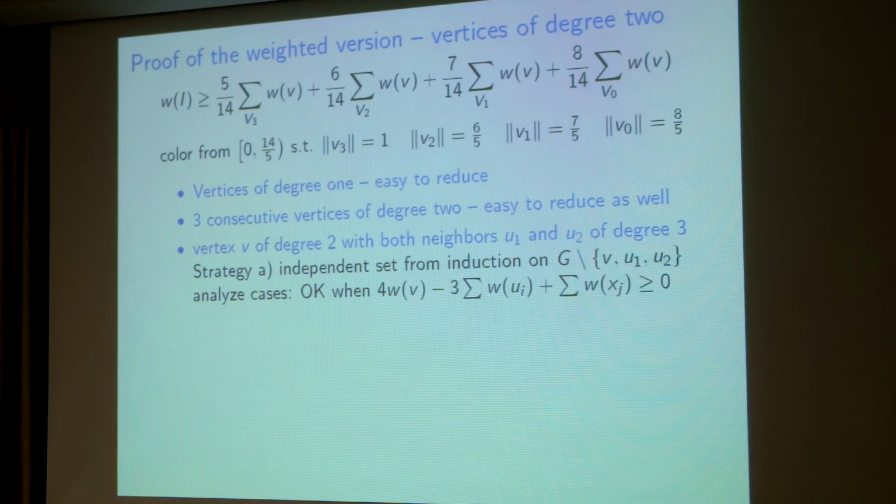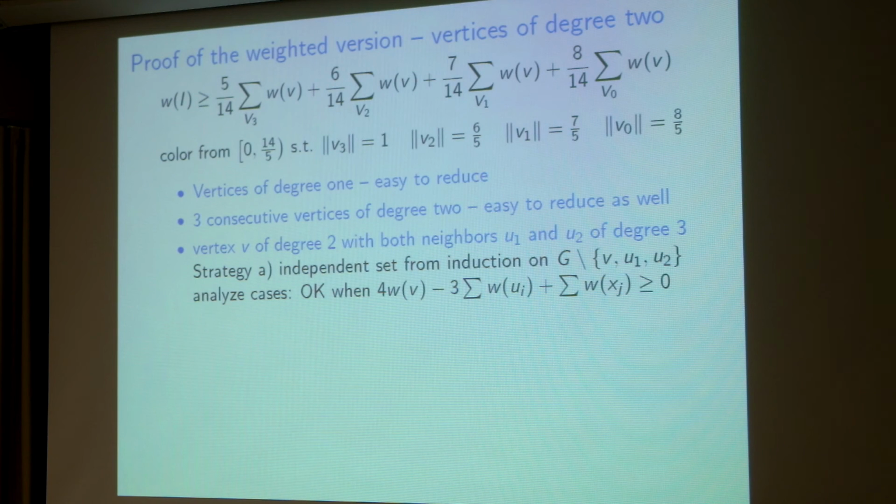So one case would be, let's remove V, U1 and U2, apply the induction about weighted independent set on the remaining graph G prime, then maybe analyze a few cases, but they are rather simple, and you realize that everything is fine. You get your independent set. So okay, I apply the induction on this remaining graph G prime, and to the independent set from the induction, I freely add the vertex V.